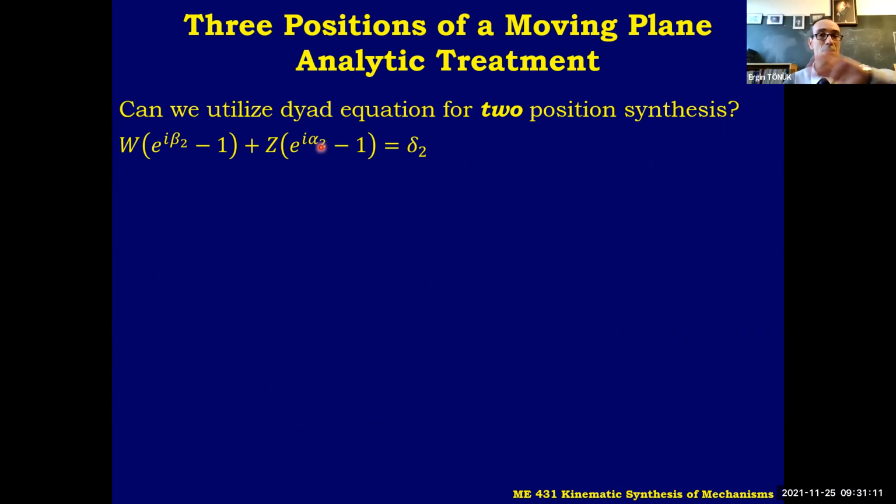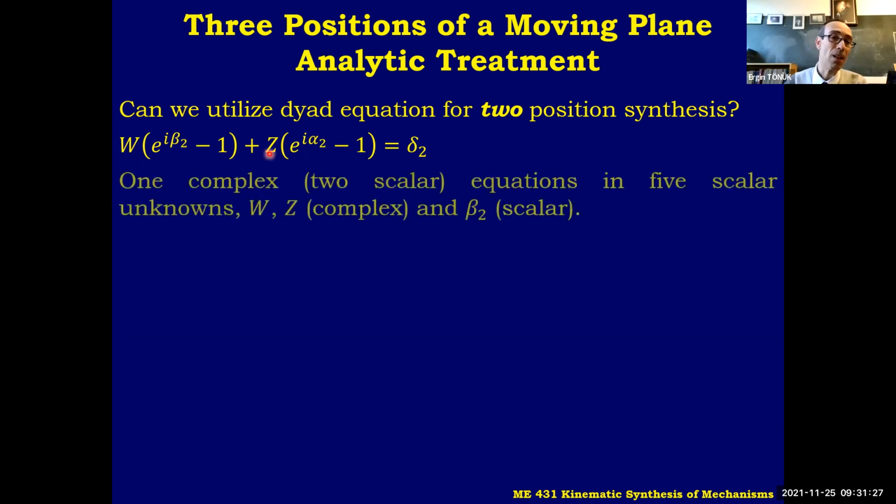Alpha 2 is the rotation of the plane from 1 to 2. We don't know how much the crank is going to rotate. We don't know the vector W. We don't know the vector Z. So we have one complex, or if you like, two scalar equations in 5 scalar unknowns. W is complex, 2 unknowns, real and imaginary parts. Z is complex, 2 more, 4. And beta is 5.